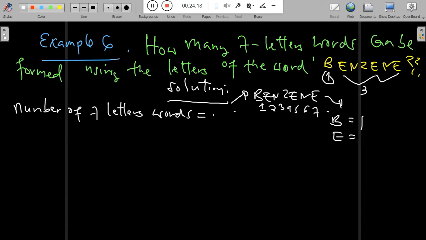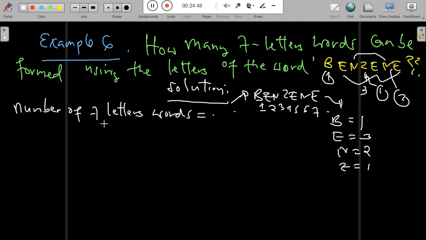Also N is repeated, we have 2 N. So E is repeated 3 times, and N is repeated 2 times, that is N is equal to 2. And Z is only single, so Z is equal to 1. So that identifies the values from the numbers that are repeated.